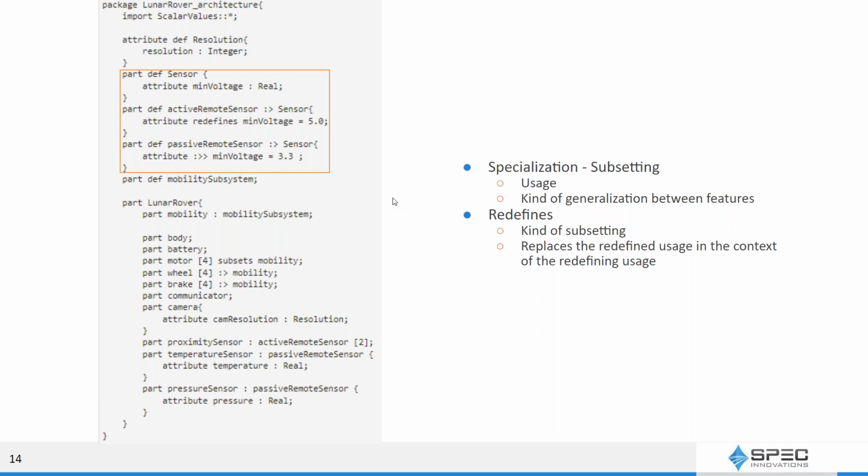So for active remote sensor, the attribute is redefined so that min voltage is equal to 5. And for part def passive remote sensor, the attribute is redefined to be min voltage is equal to 3.3. So there are two notations here as well. So for redefines, you can type out redefines, or you can use colon greater than greater than.